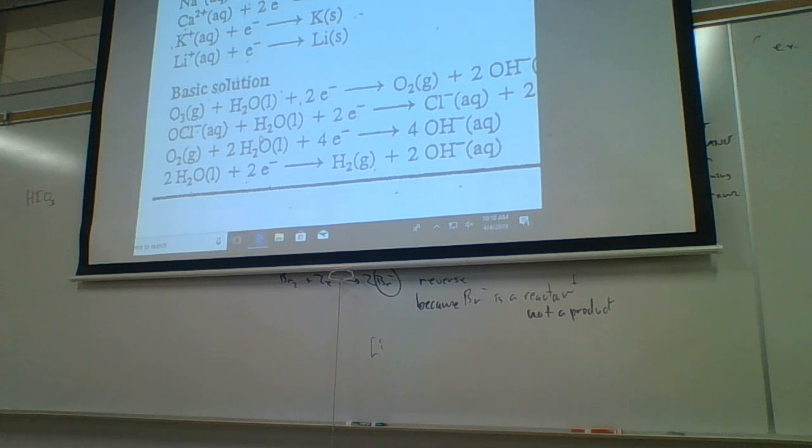And then I'll add these reactants here, plus 2 waters, liquids, plus 2 electrons. Then add the products here. And so 2 potassium ions plus 2 electrons. And then add these, plus a hydrogen gas plus 2 hydroxides.